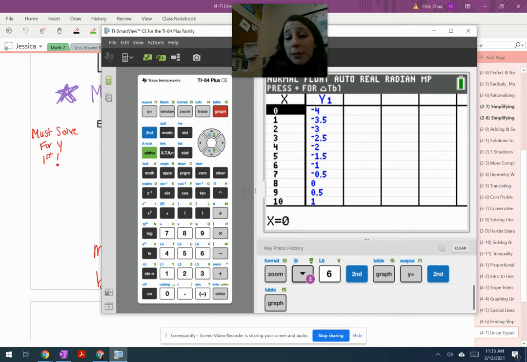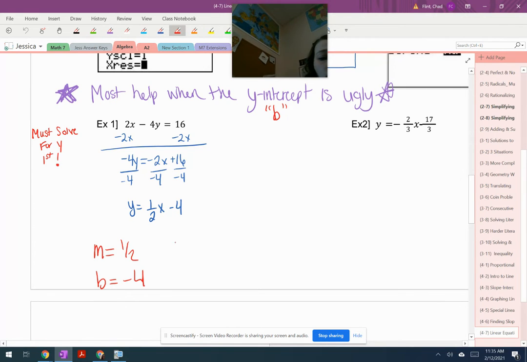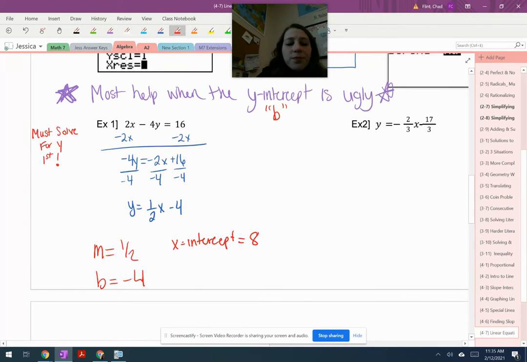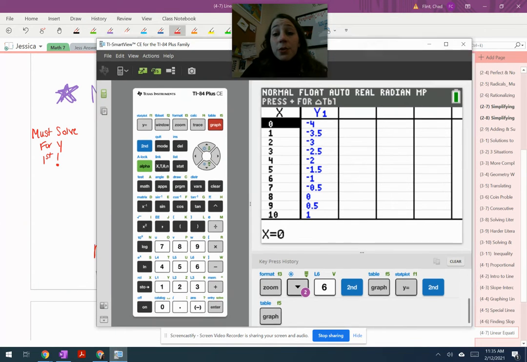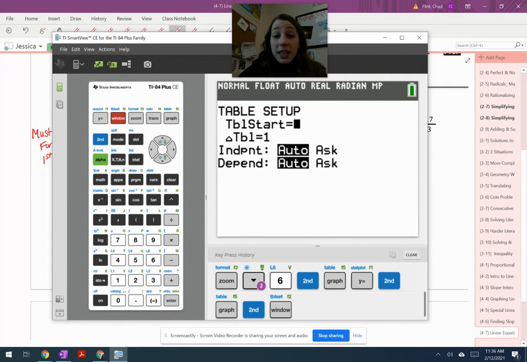I can also use this table to find my x-intercept. My x-intercept here would be 8. Let's just make a note of that. X-intercept is equal to 8. In this table function, if you look above window, it says table set, TBL set, so second and window to get to that table set.